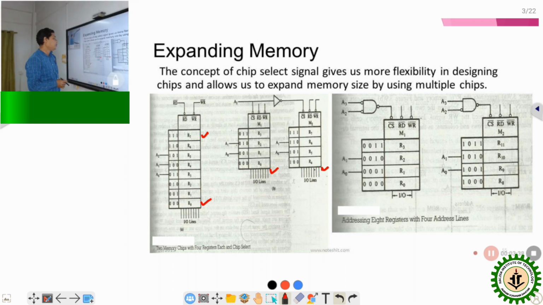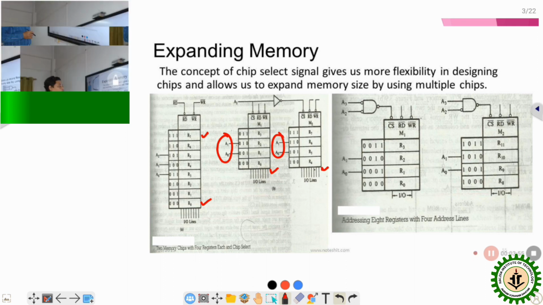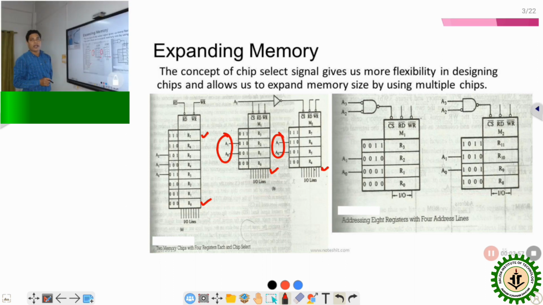As we know, to access 4 registers, we require 2 address lines. So A0 and A1 are both connected to the A0 and A1 lines of the memory device. Then how can we distinguish each of the elements?